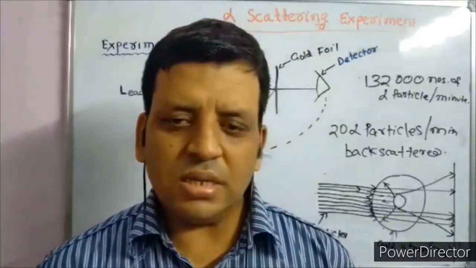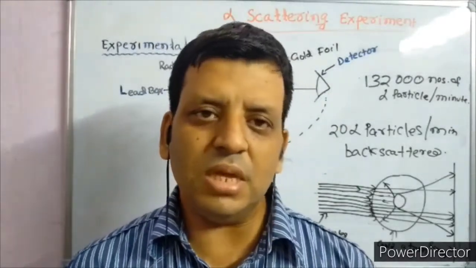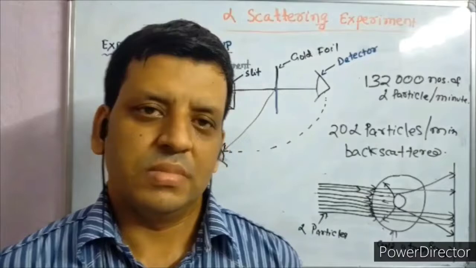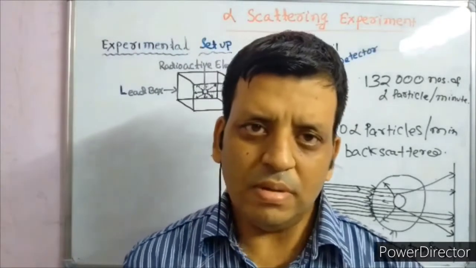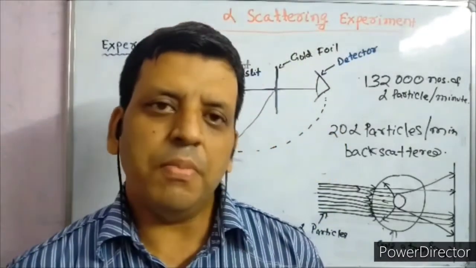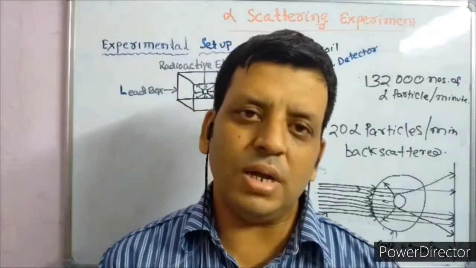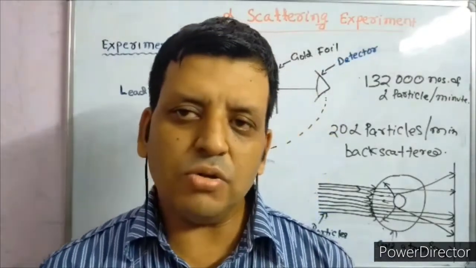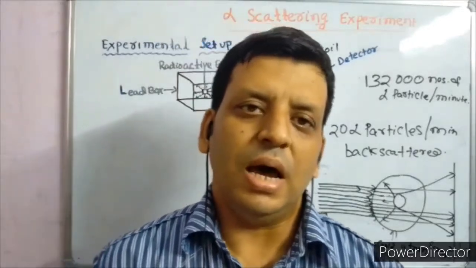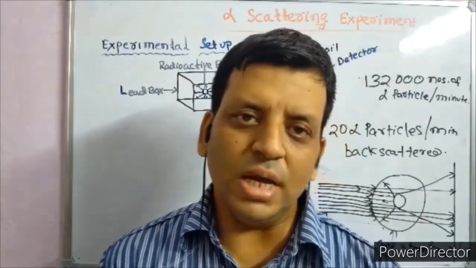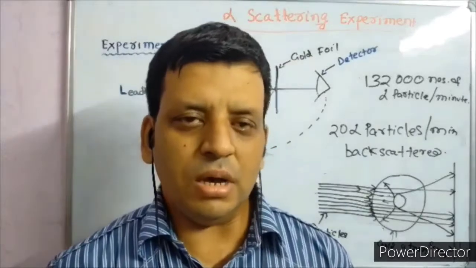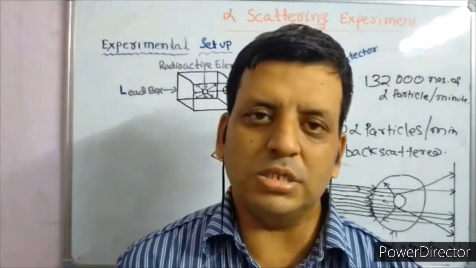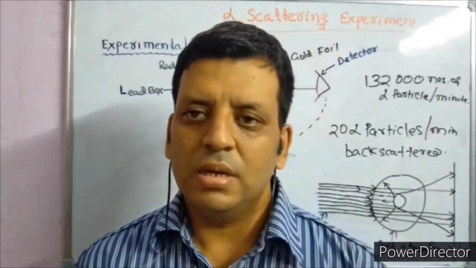So that indicates that there is the presence of something inside the gold atom, on which most of the mass of the gold atom is concentrated. So that led to the proposition of his atomic theory, which is known as Rutherford's atomic theory or Rutherford's atomic model. So let's go to that.